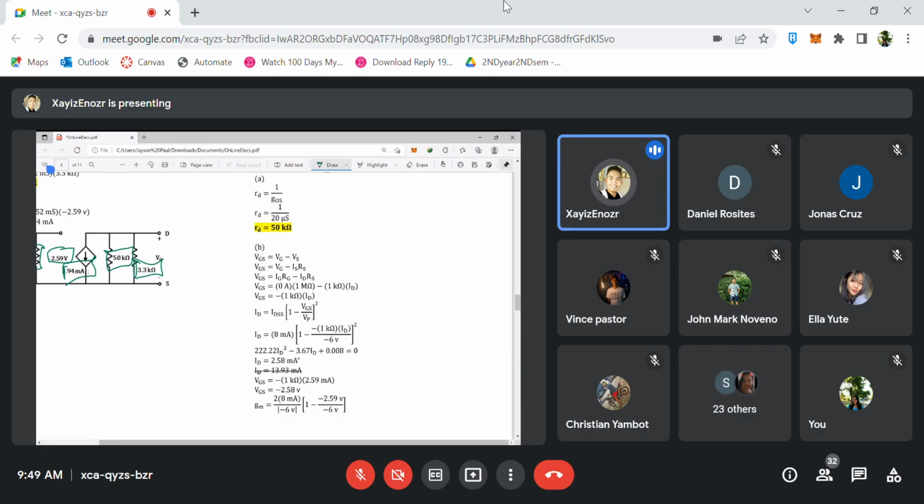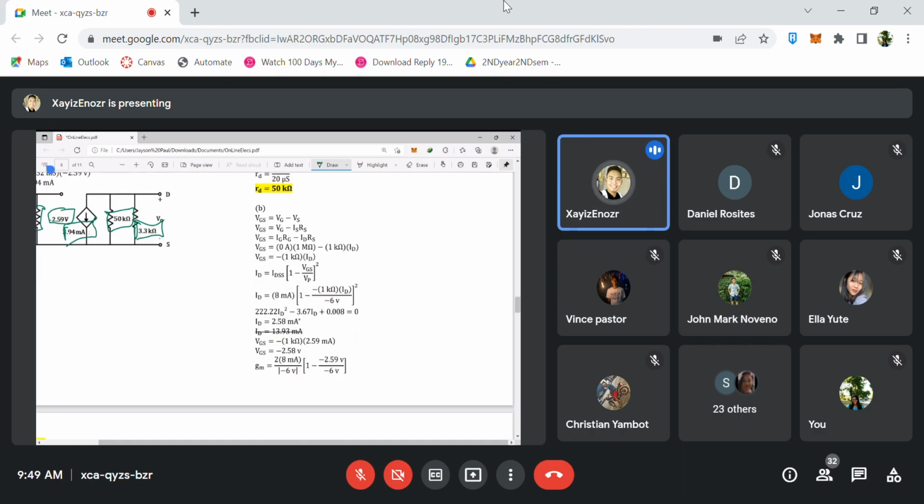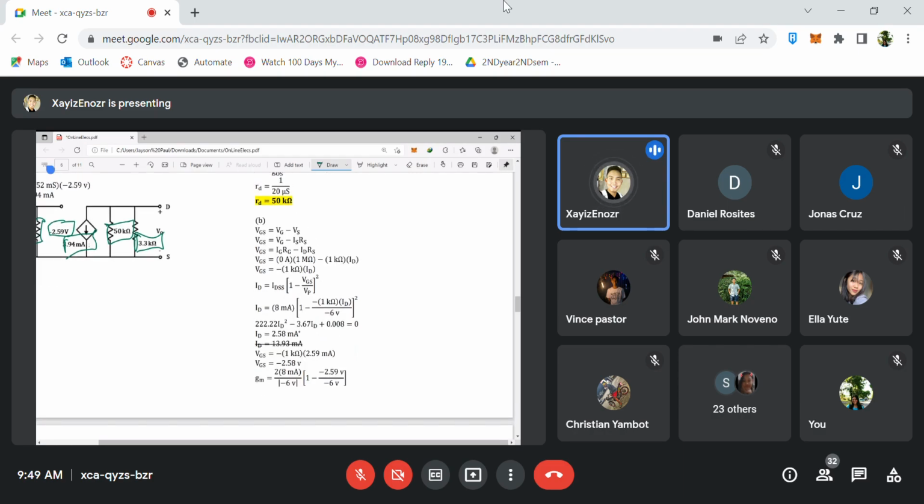Since IS is equal to ID, we can just simply use IDRS. IGRG can be cancelled because we all know IG is 0 amperes. So no matter how large the resistance at the gate is, the voltage drop there is also 0. Okay? Then what remains, our VGS, is negative 1 kilo ohm multiplied by ID.